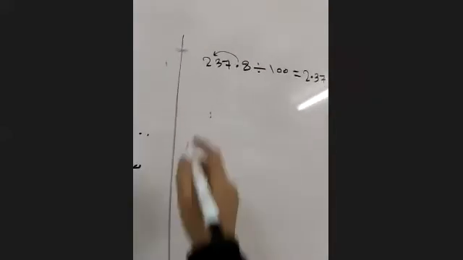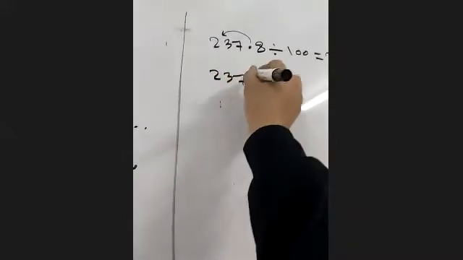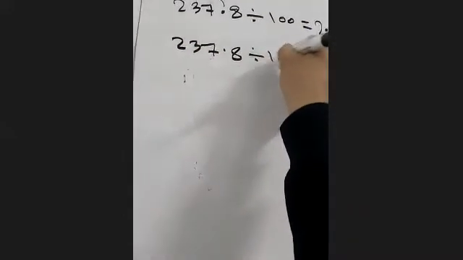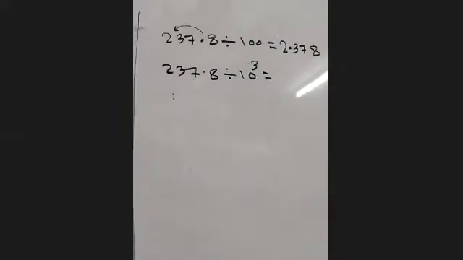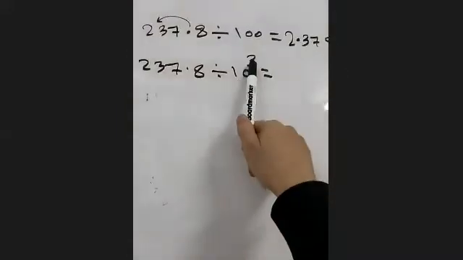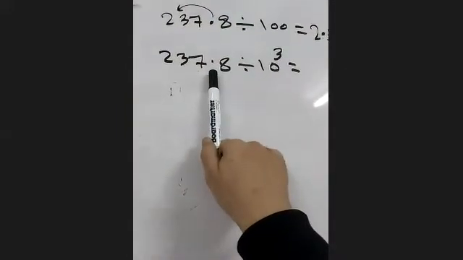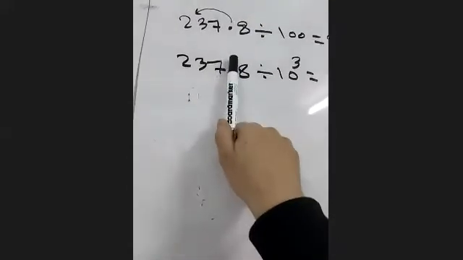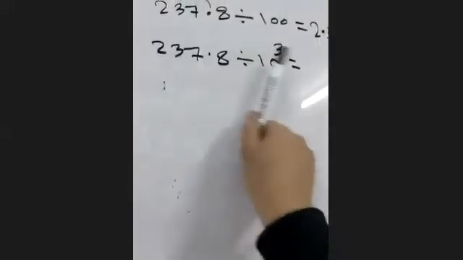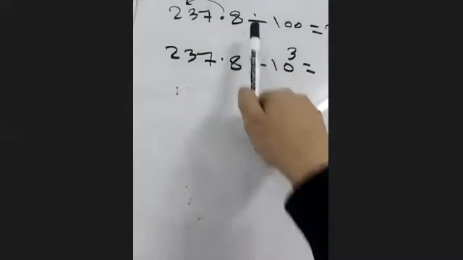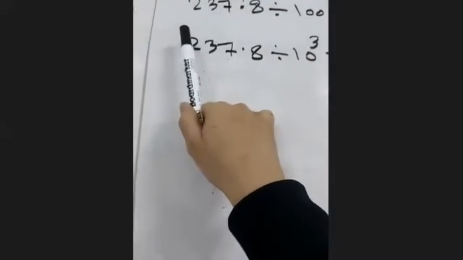For example, 237.8 divided by 10 to the power 3. Here the power is 3, so I need to push the decimal 3 digits. But where? To the left also, not to the right. So in division, we are going to the left. In multiplication, we are going to the right.